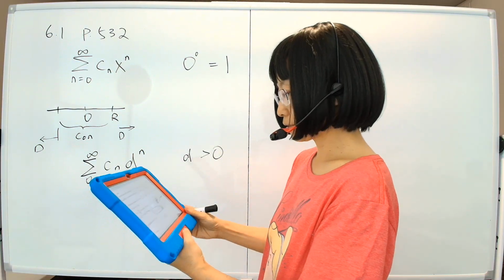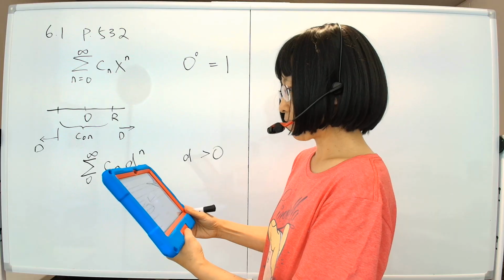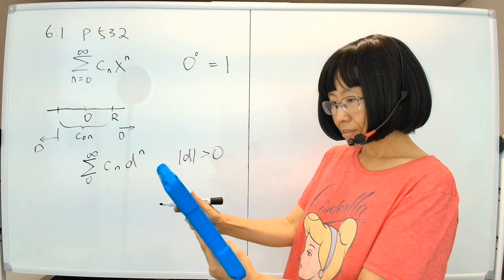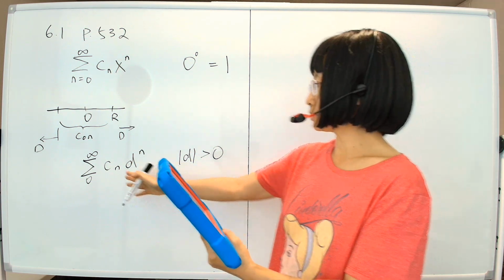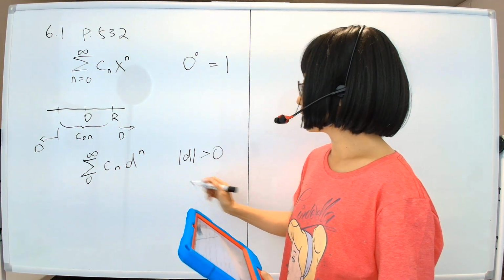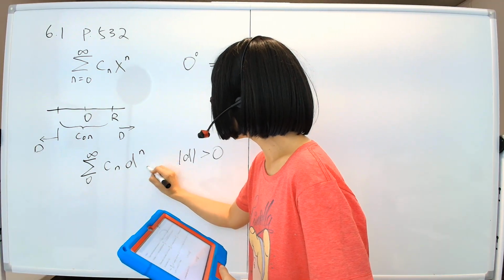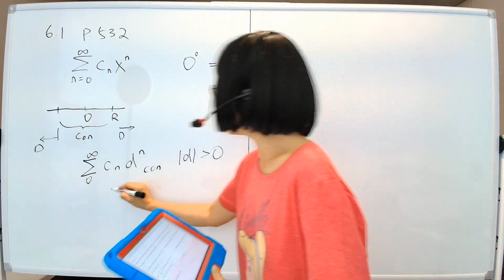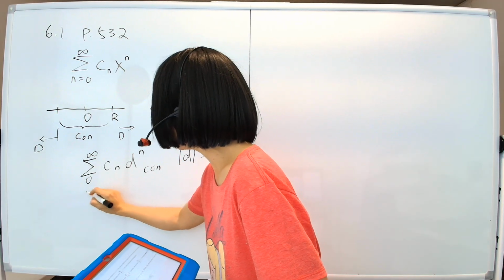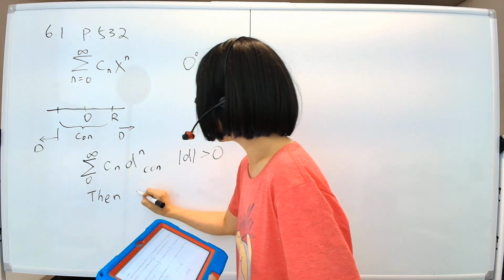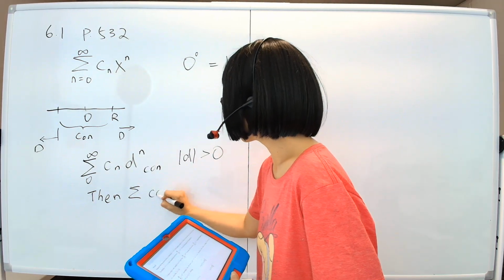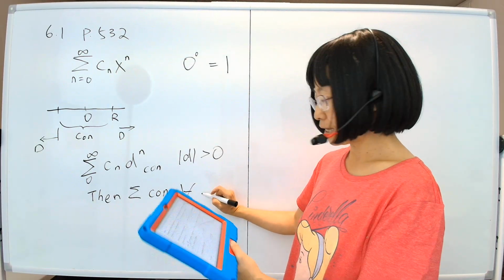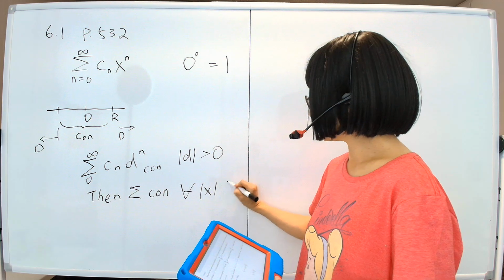This is the condition. And what we're trying to prove is that the series converges for all x such that the absolute value of x is less than d.